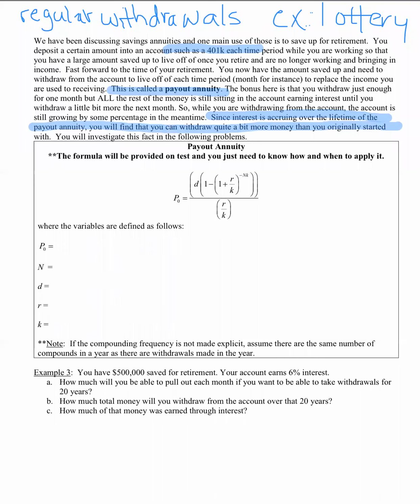So for the formula for this one, all the variables still mean the same thing, but we now have this idea of a P0 versus a PN, but they're still really similar. P0 is the beginning balance, or the initial amount at the time of the retirement or the lottery win.